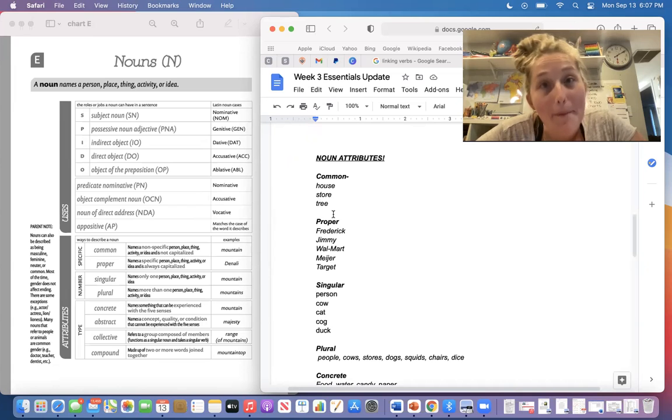Then we have proper nouns. So imagine you're going to the Queen's Castle in England. You have to be very proper. You have to say, yes, madam, no, madam. You have to put the capital on to make it proper. Okay. So this would be a name like Frederick or Jimmy, a place like Walmart, Meijer, or Target.